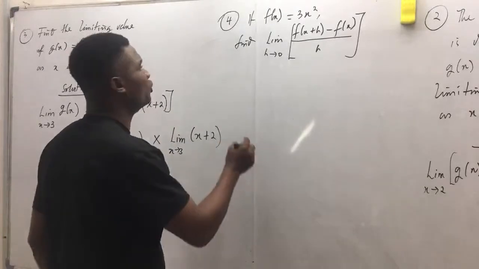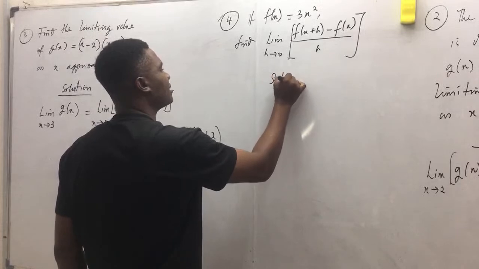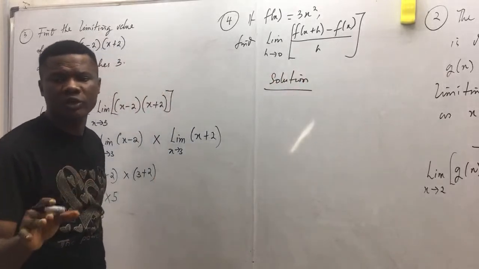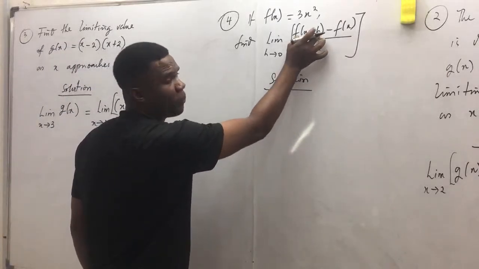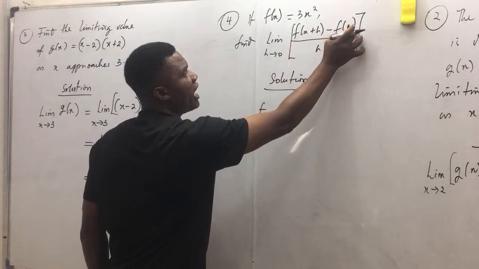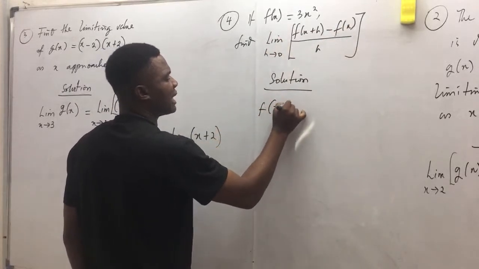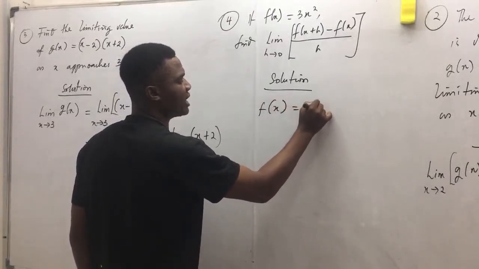So what I'm going to do here is solve this problem. The first thing to do, given a problem like this, is to find the components. Start by writing f of x out. F of x is 3x squared.